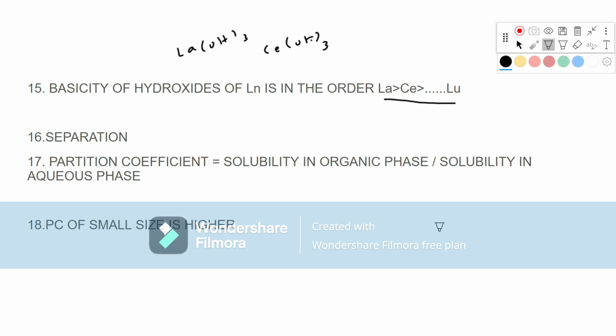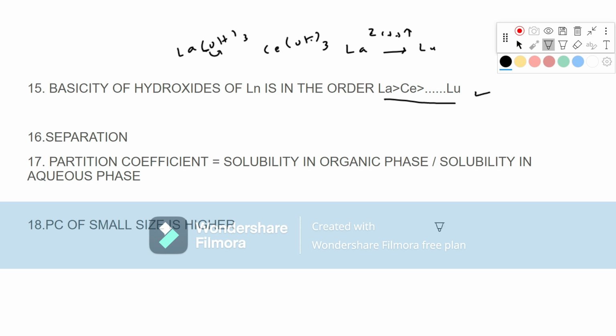What is the reason? If you move from lanthanum to lutetium, size decreases. Whenever size decreases, effective nuclear charge increases. When effective nuclear charge increases, you cannot remove the OH that easily. That's the reason why basicity decreases from left to right.